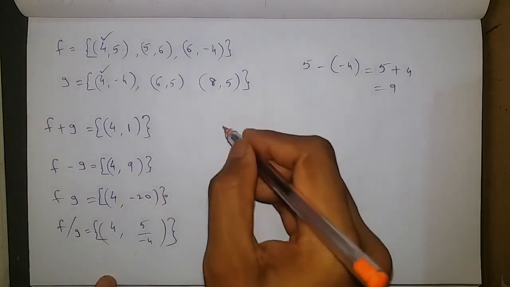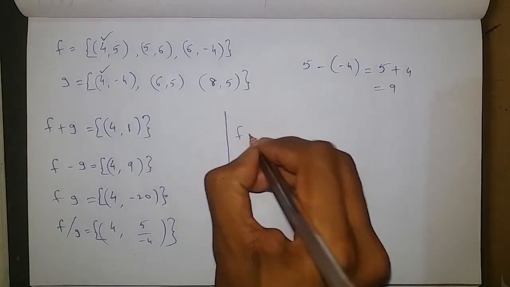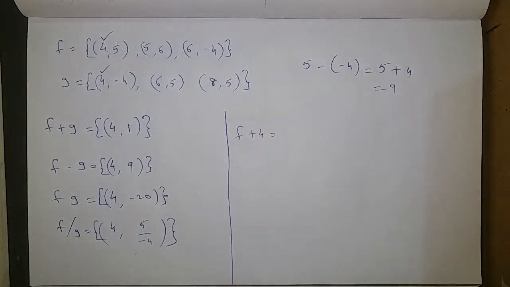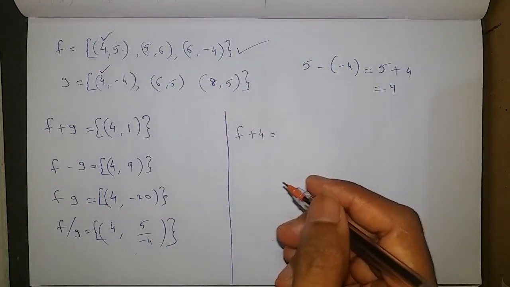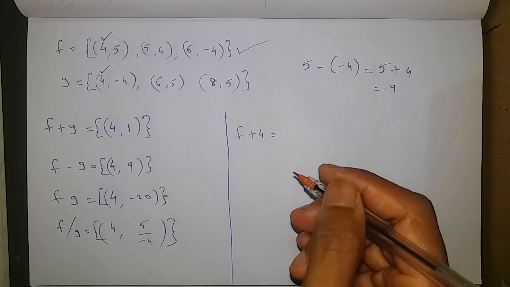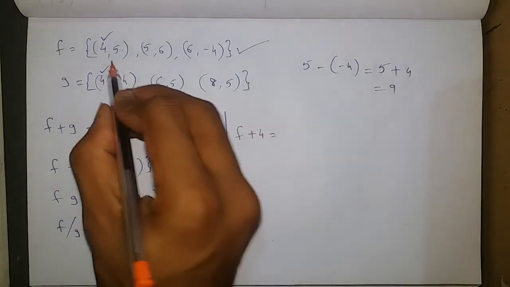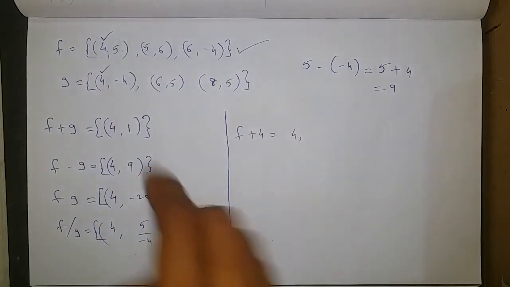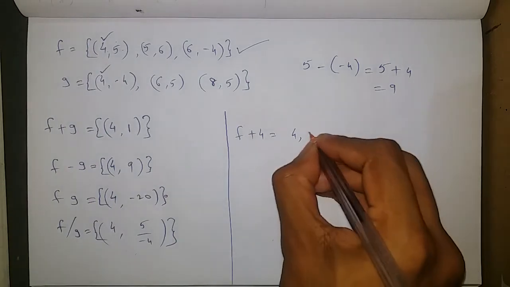Next, if they say function plus some constant number, f plus 4. So this kind of function plus constant is nothing but take the total f, write the domain as it is, and for the range you add plus 4. 4 as it is, comma, for 5 add 4. 5 plus 4, 9.